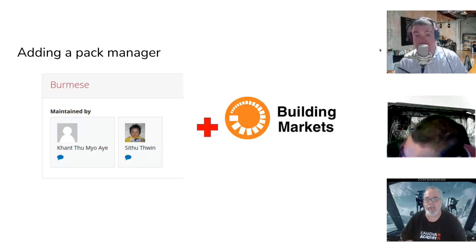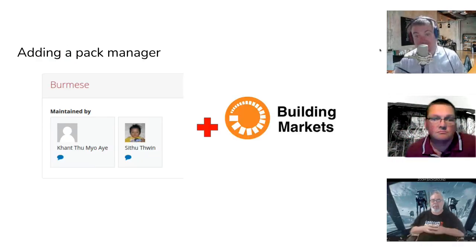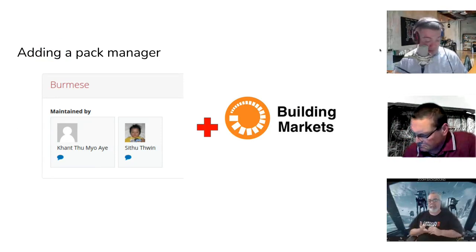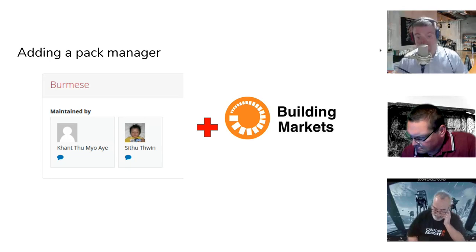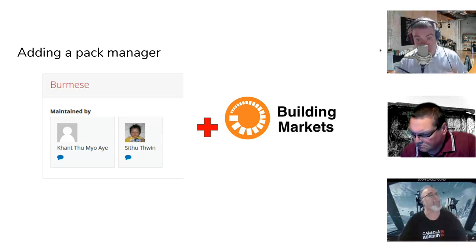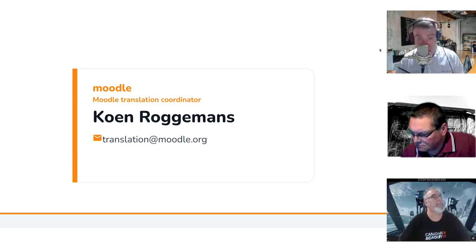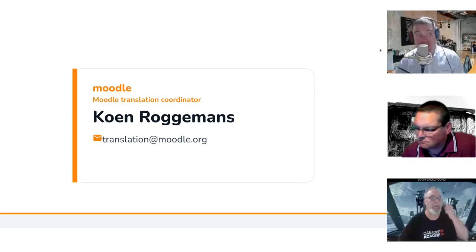So we decided that we wanted to be a package manager. So how can Building Markets become a package manager? Within the world of Moodle translation, there is one person who takes care of all of this. His name is Koen Roggemans. He is the person you want to talk to. After you've tried to contact the package manager, if you were not successful, you contact Koen. Koen will contact them.